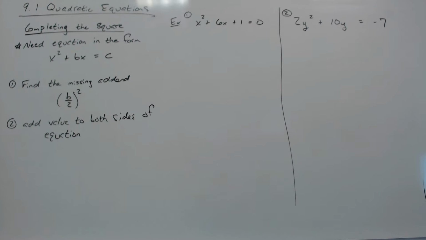Okay. Seems a little bit weird to be adding something to the equation that doesn't cancel anything out, but what that value is going to help us do is factor the quadratic side.